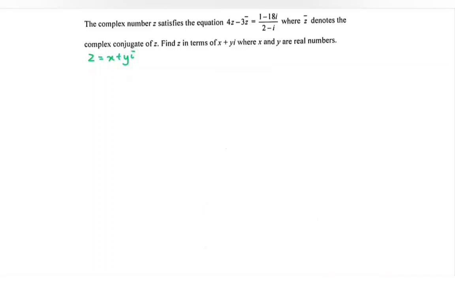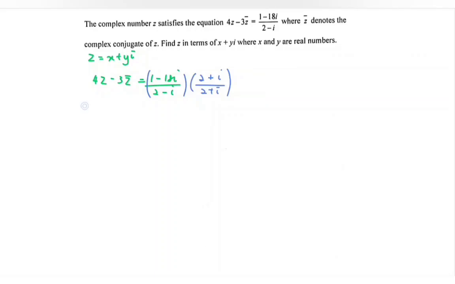So kindly substitute. We have 4z minus 3 conjugate of z equals (1 minus 18i) over (2 minus i). So focus on the right hand side. We have to multiply by the conjugate so that the denominator becomes a real number instead of a complex number.